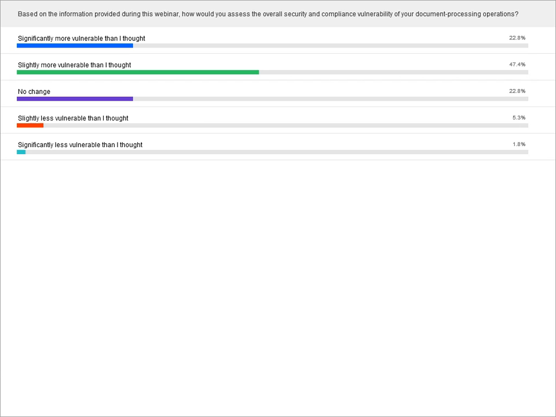Give me something else. And 5% of you believe that you're slightly less vulnerable than you originally thought. 1% of you say you're significantly less vulnerable than you originally thought. So this is fascinating, but the good news is that this doesn't require a sea change. This just requires a different approach to how you scan your documents.